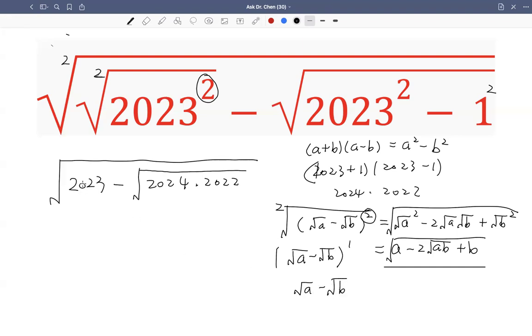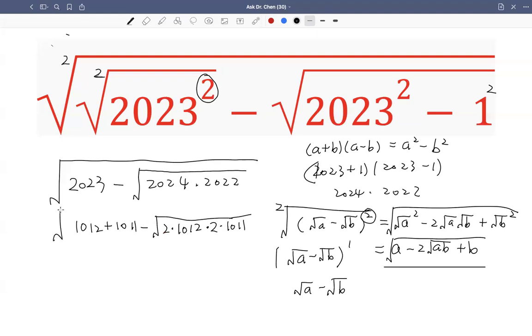So now let's see this. 2023 can be split into 1012 plus 1011. Under this square root sign, 2024 is 2 multiplied by 1012, and 2022 can be written as 2 multiplied by 1011.